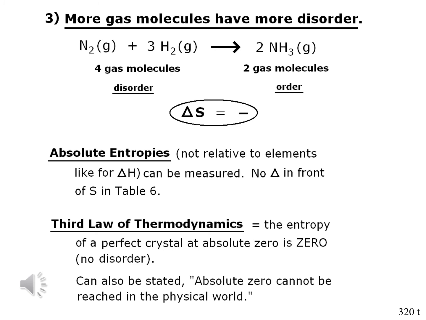The molecules are not moving and they're in a perfectly organized state. Why can't you get to absolute 0? You can't get a perfect crystal. Every real crystal has imperfections in it, but I can tell you that even if you could get a perfect crystal, you still cannot reach absolute 0.